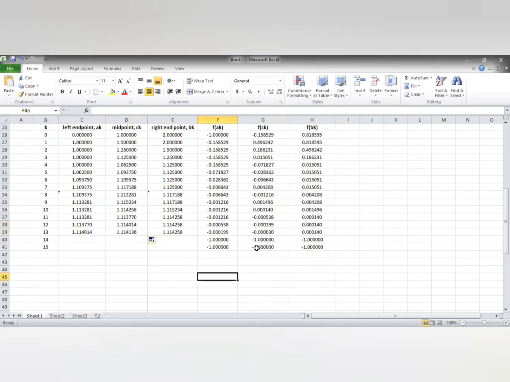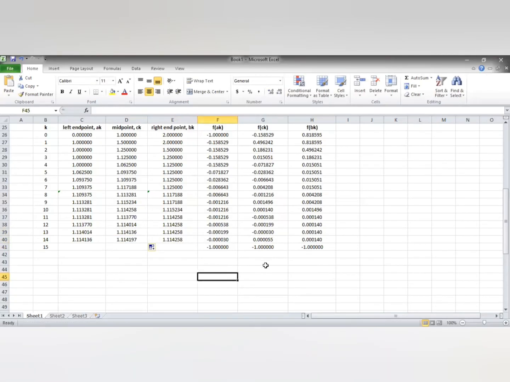Okay, we're almost there. So we have 0 again. We have the C value for the midpoint, the new value of the left point, which is the value of our CK, then the right endpoint is the value of B again.